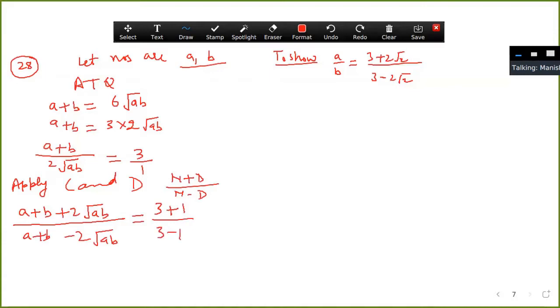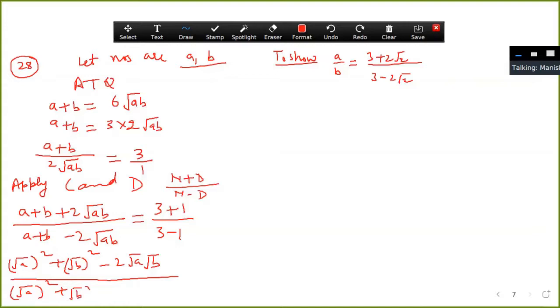Now you can write this like root a square plus root b square minus 2 root a into root b, upon root a square plus root b square, with a plus sign, plus 2 root a root b, is equal to 4 upon 2, you can write it as 2.